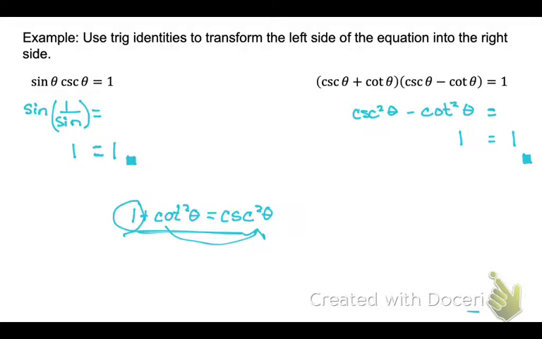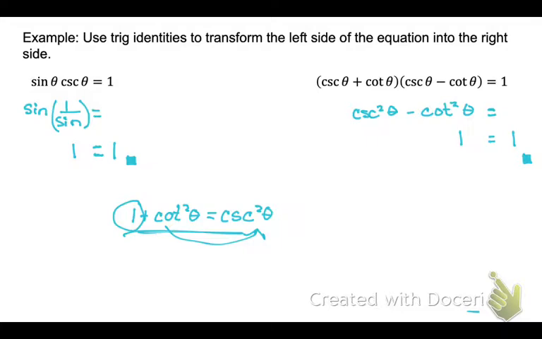Now, this is my deal for you. As long as you are doing one step at one time, I don't make you write why. Does that make sense? Once you guys start trying to do 2 steps at one time, I make you start justifying every single step. This would be Pythagorean identity. And then when you get to 4 or 5 steps, you'd say reciprocal, multiplication identity, multiplying by reciprocal.